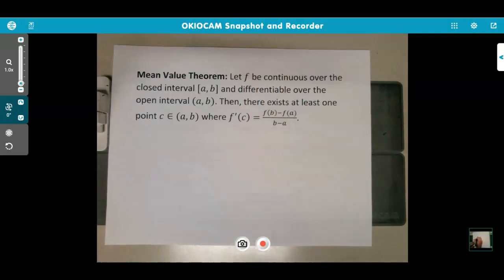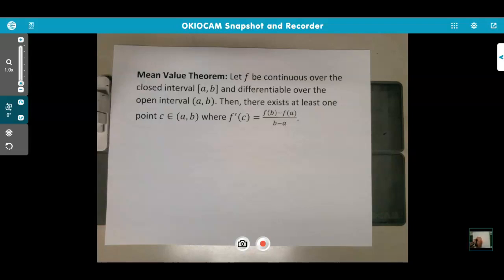On the last one, it also said f of a has to be the same as f of b, right? It does not say that here. So the only thing I've got to check and make sure is that it is continuous and differentiable. If that's true, then there exists at least one point c between a and b where the derivative at c is equal to f of b minus f of a over b minus a.